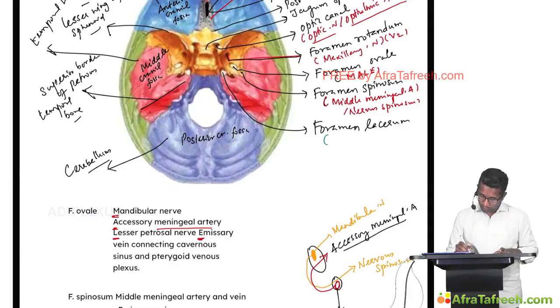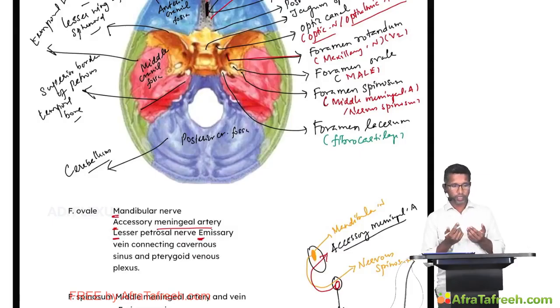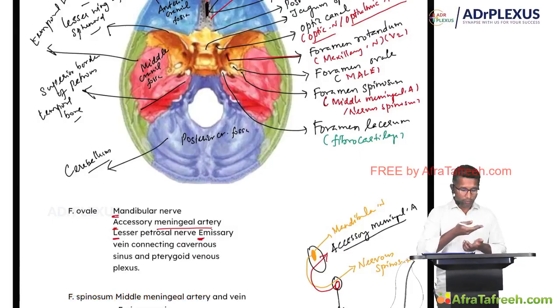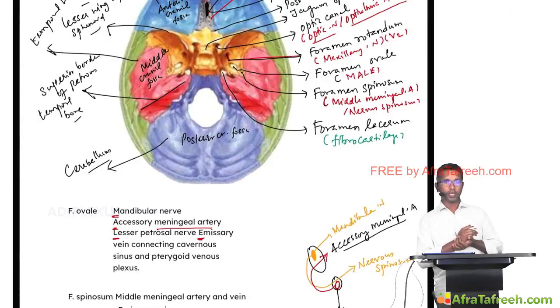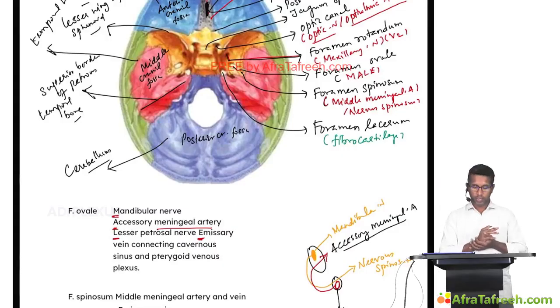There are a lot of other stories around the foramen lacerum, which we will discuss in a short while on the next pages. As of now, nothing comes from below through the foramen lacerum, because it is closed by a fibrocartilage.